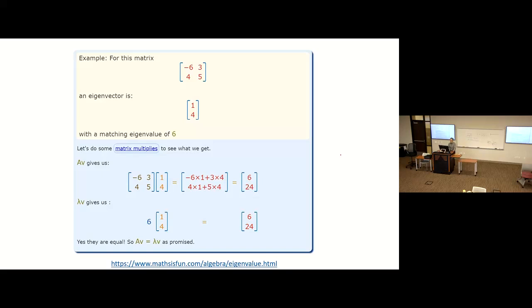So this is an example. You have the A matrix and its eigenvector V. The multiplication between these two becomes this, so that's the left side of the equation.